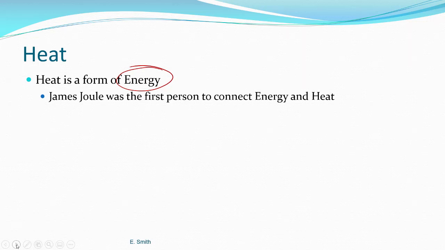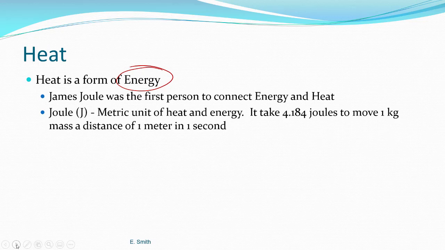Because if heat is energy, it should be able to do this thing called work. And so he came up with a way to measure what heat could do, and again, if you develop a unit, you can name it after yourself. He figured that to move a 1 kilogram mass, which is roughly 2.2 pounds, a distance of 1 meter in 1 second, this is what he classified as a joule, or 4.184 joules.